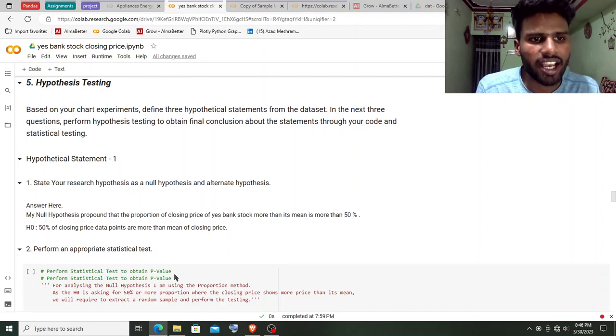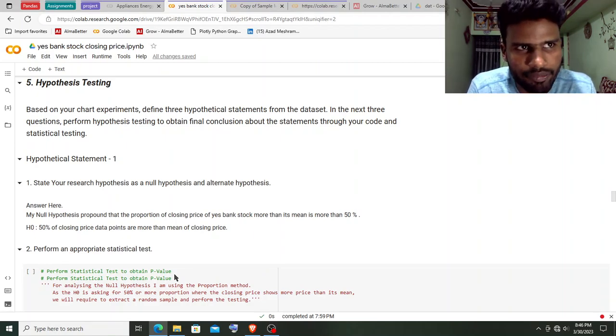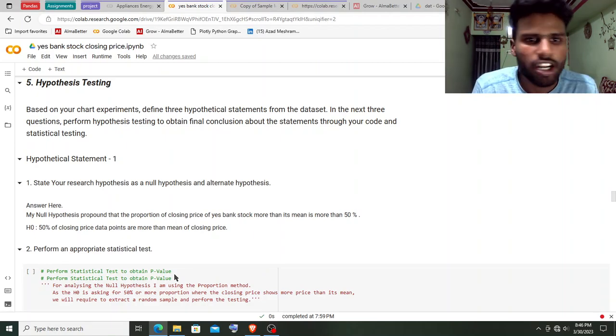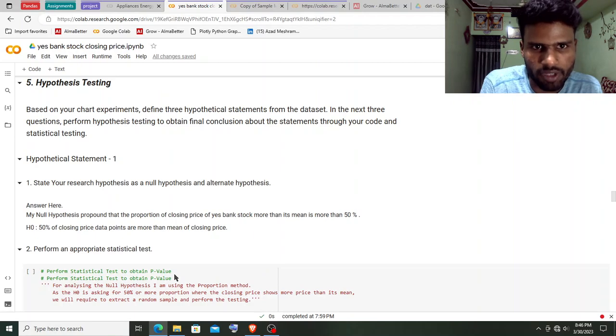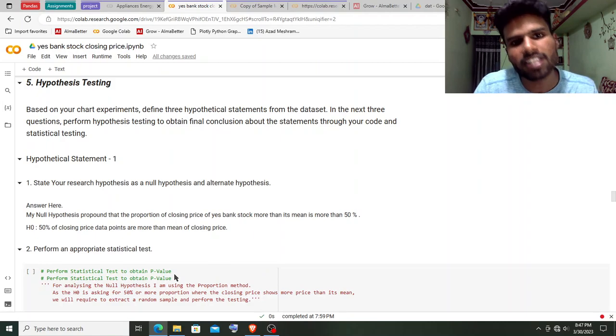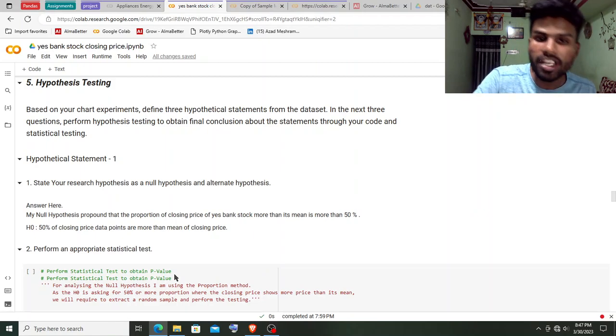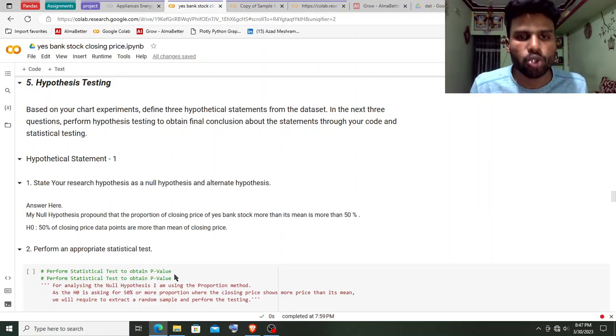So for this data set, I have considered the null hypothesis, which basically says that, let's say there are 200 closing price values we have, and my null hypothesis is saying that where the stock has closed, that price is either the mean or more than the mean, and the proportion of this particular relation is more than 50% of the total data points.